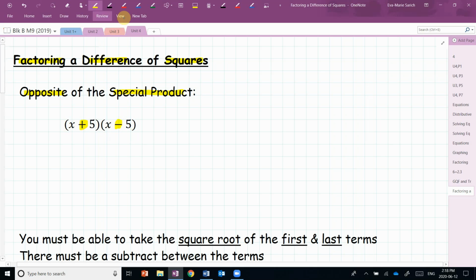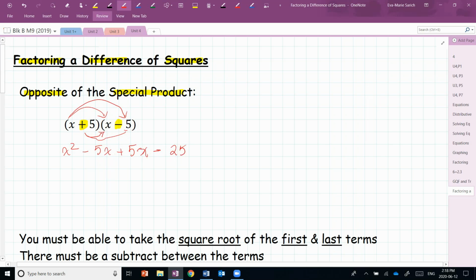Now, when we FOIL this out, x times x gives us x squared. x times negative 5 gives us negative 5x. And then positive 5 times x gives us positive 5x. And then the last terms are a positive times a negative, which gives us a negative, and 5 times 5 gives us 25.